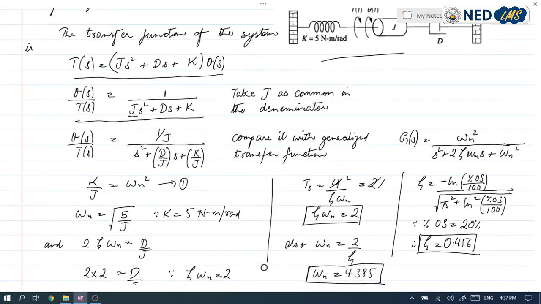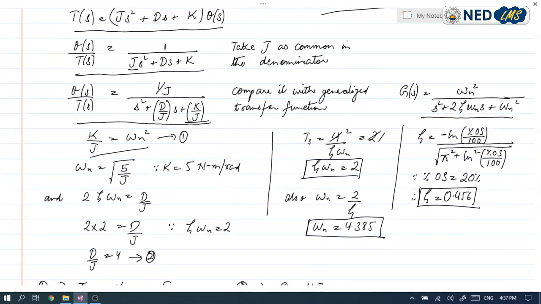So after taking J common in the denominator, we will get this term. Now we can compare this term with the general second order system. By comparing it, we know that omega n square will be equal to k over J, and also 2 zeta omega n is equal to D over J.